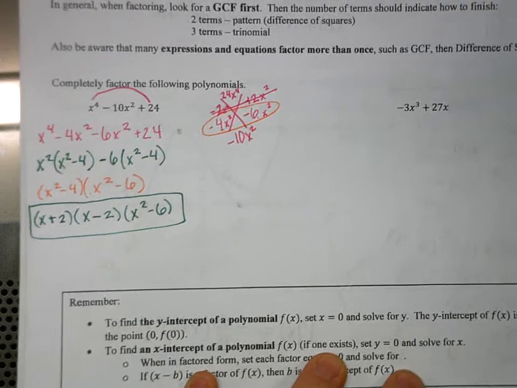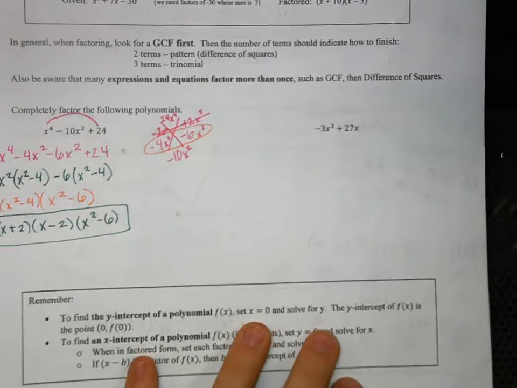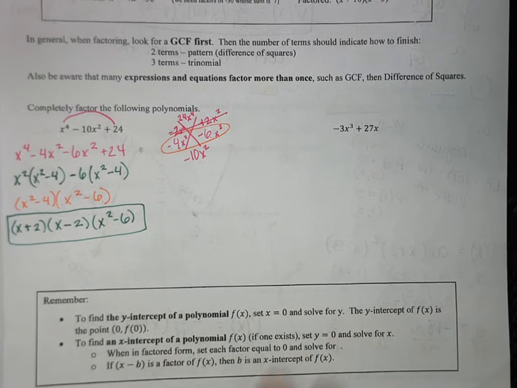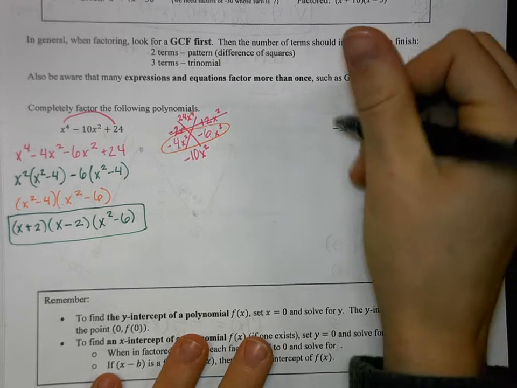All right, going to the right, I have 3x cubed plus 27x. What should I do first? Yeah, greatest common factor.